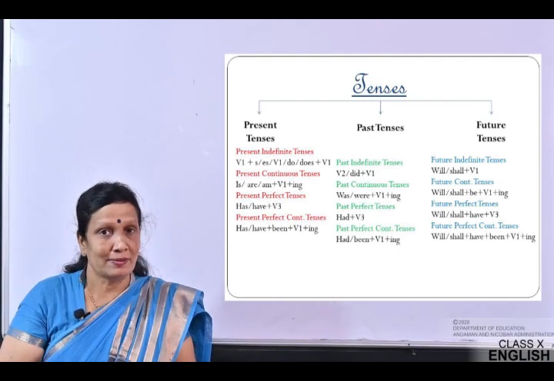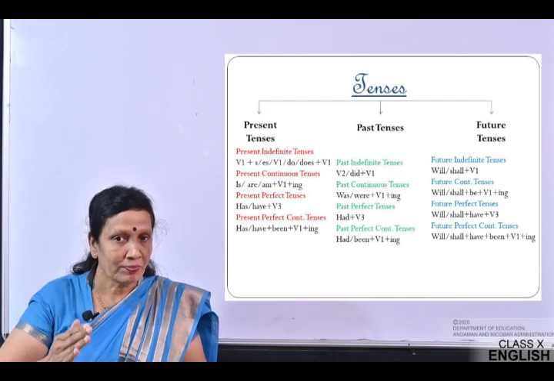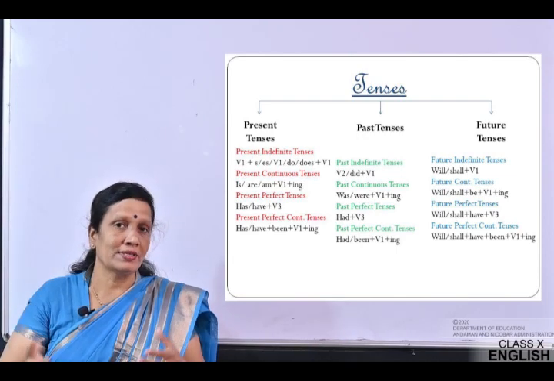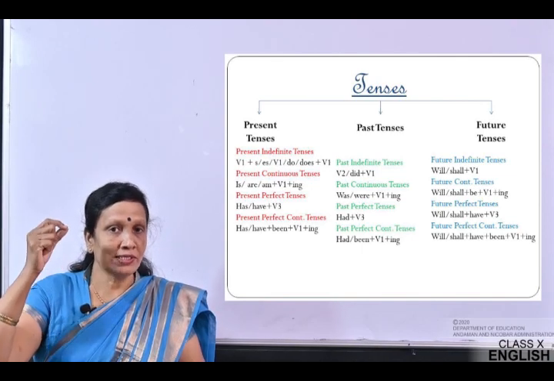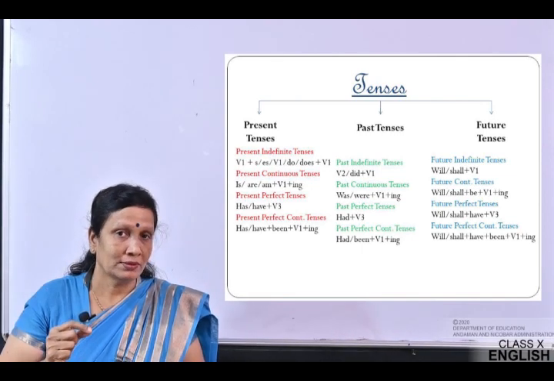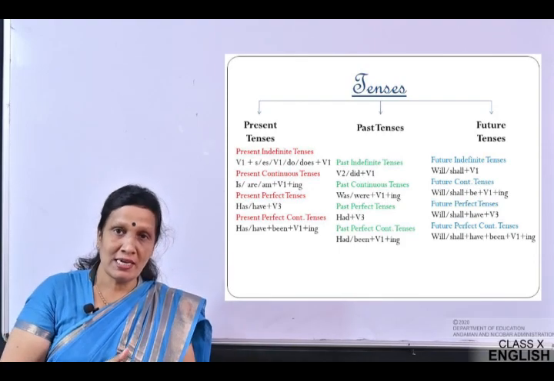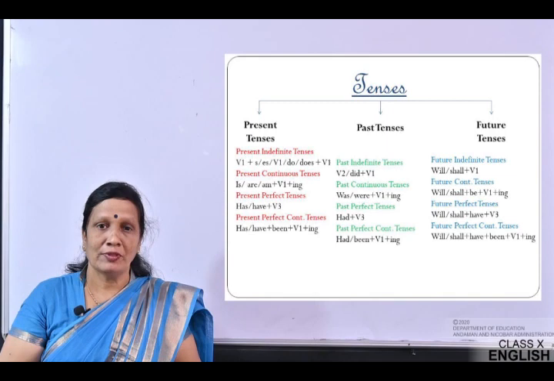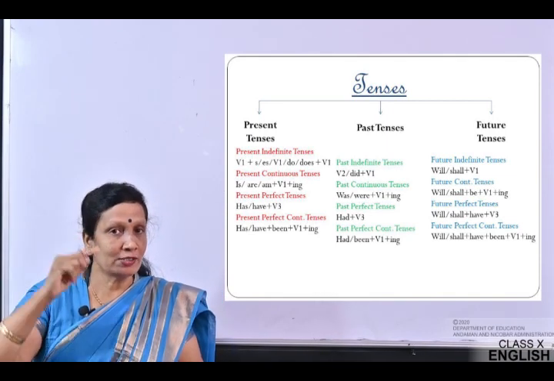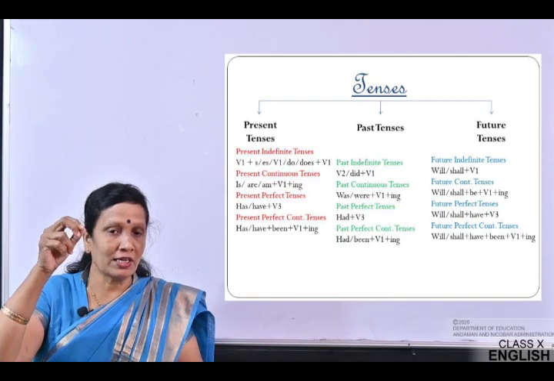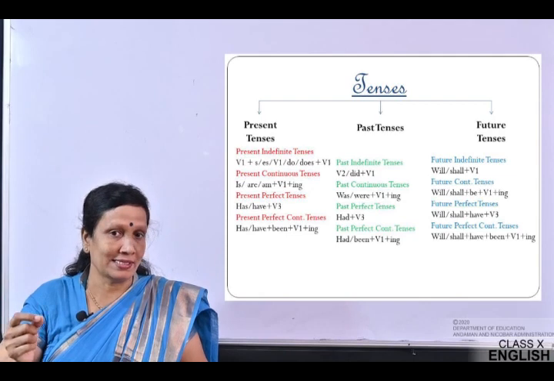The present tense. In the present tense, that is the present indefinite tense, or as we call it, the simple present tense, you are going to use the first form of the verb: talk, climb, jump, speak, want, etc. The first form of the verb, written V1, that means the first form of the verb, plus S or ES.